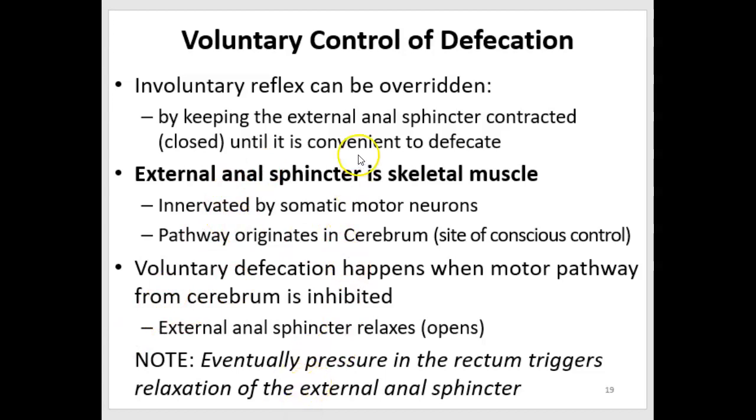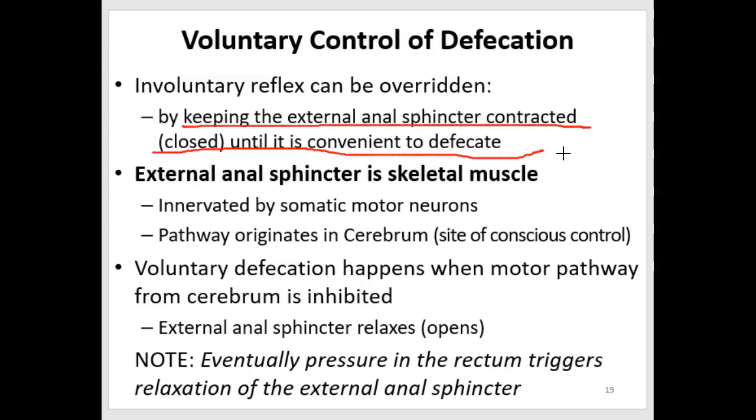Now you know we can override this and wait to expel or eliminate feces until a more convenient moment. So we do this generally by keeping the external anal sphincter contracted most of the time. So it's constantly contracted until we consciously relax it.